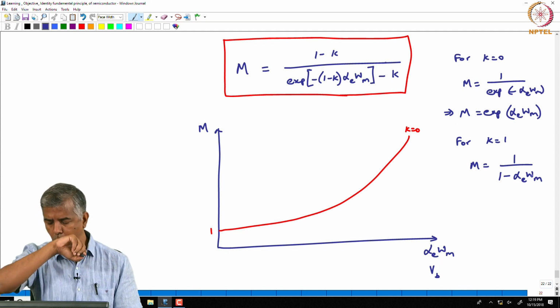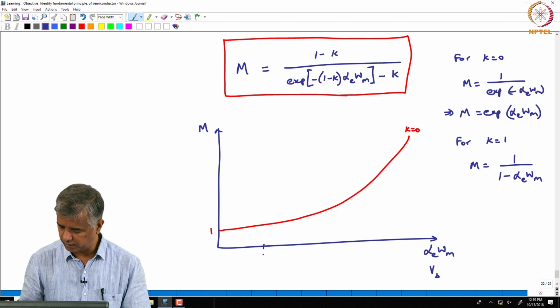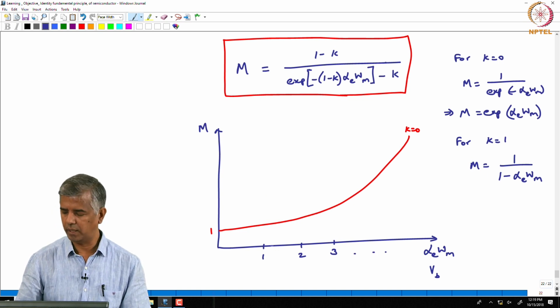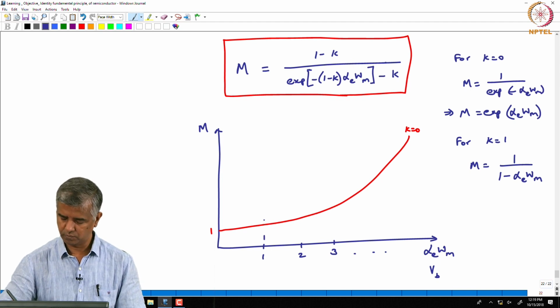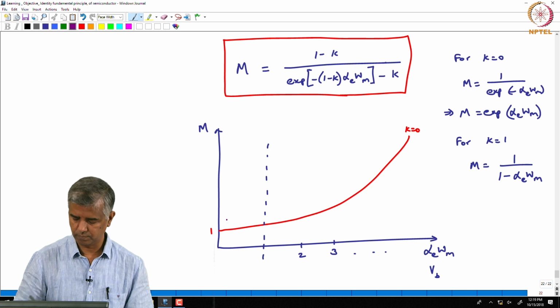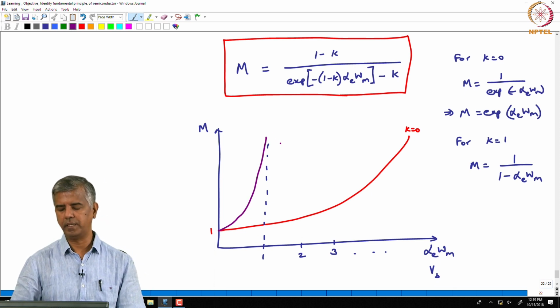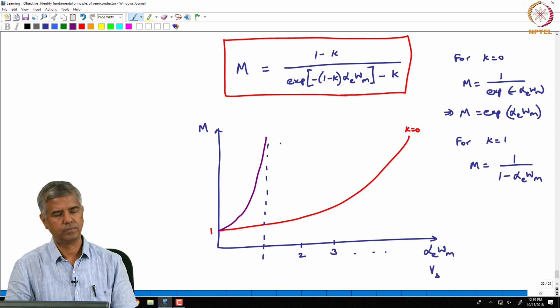How do you plot that? Let us say this is 1, 2, 3 and so on. This is asymptotic with respect to alpha e W m equal to 1. So in this case it will be something like this.